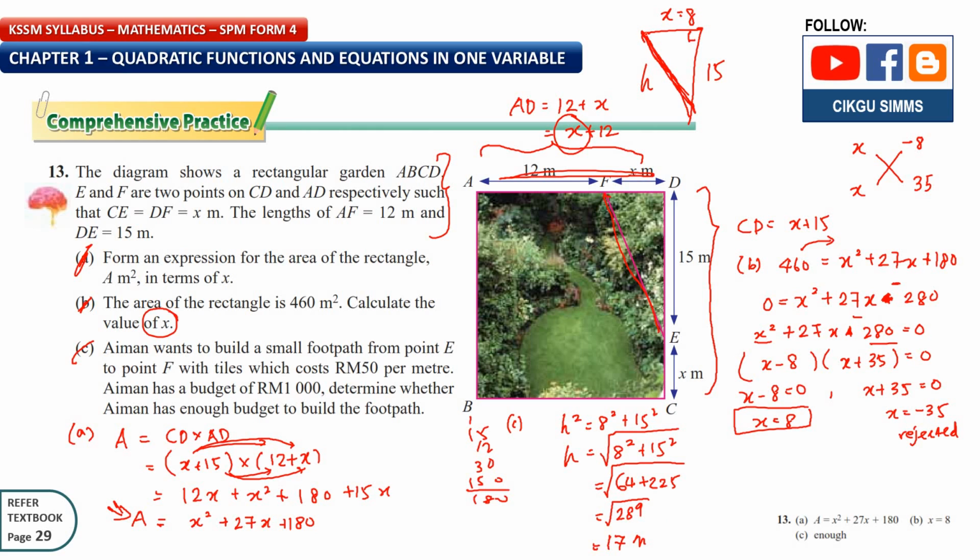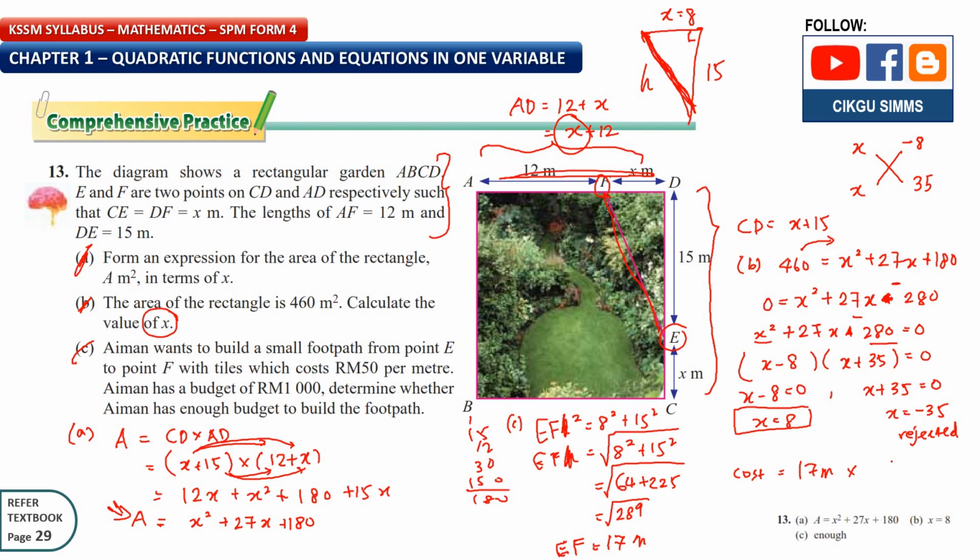Okay, so the length of h is 17. Actually you don't have to use the symbol h. You can use EF to represent this. It's better, so that you don't get confused where is the h. So EF is 17 meters.